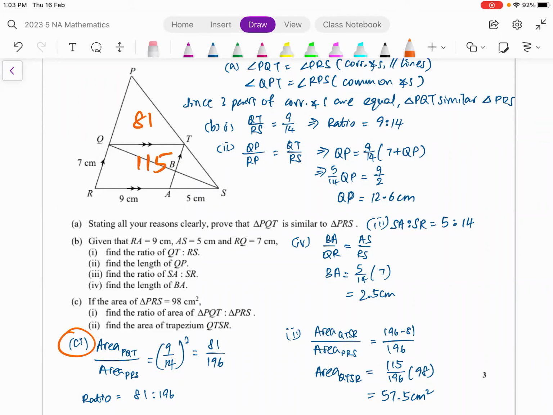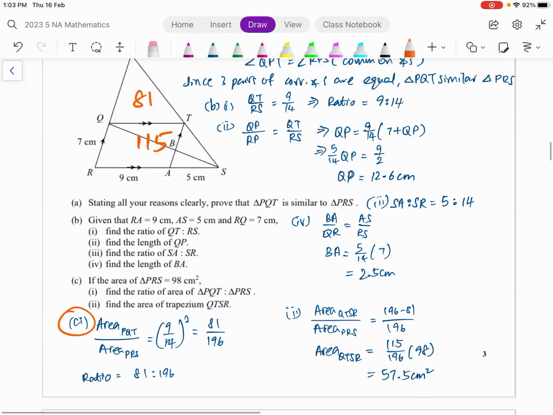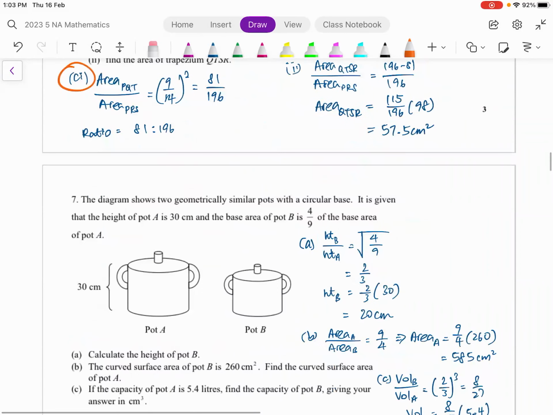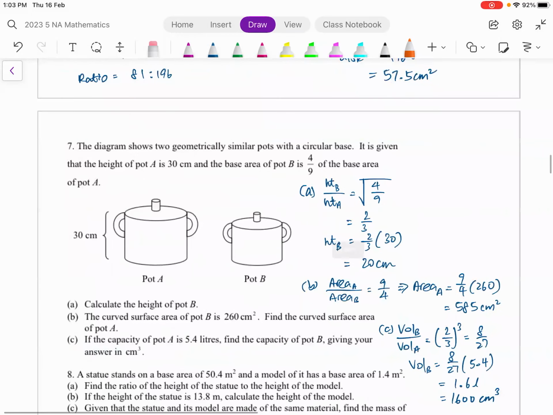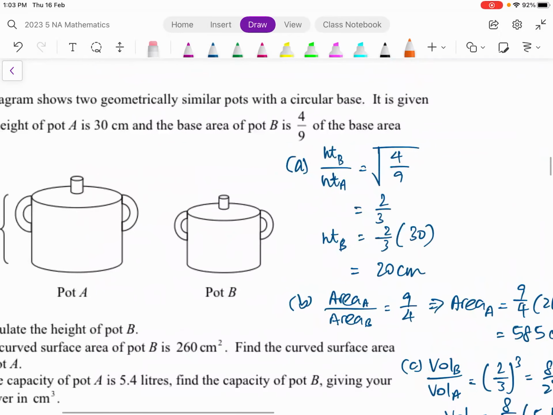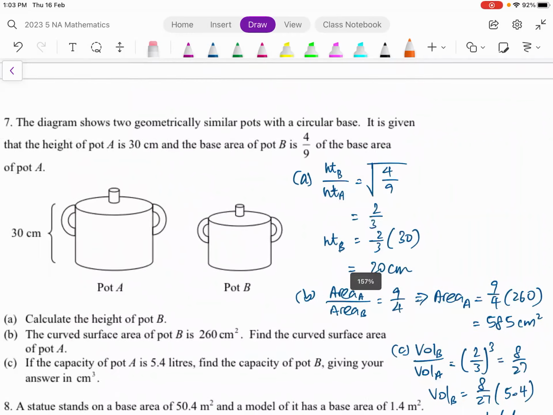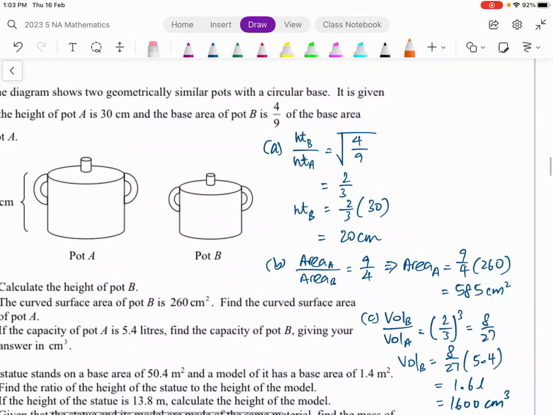Okay, so far? So can I start? Okay, so can do already, okay. Next one, question 7A. 7A, 20 cm. 7B, 585 square centimeters.